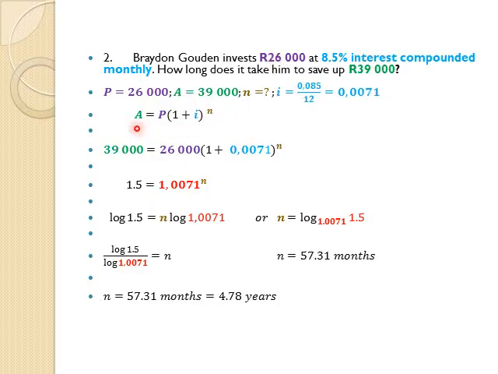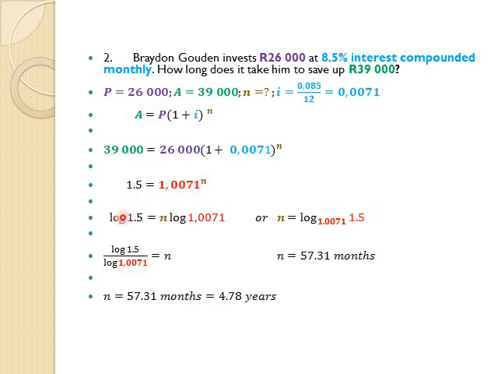It's investing, so again A equal P, 1 plus i to the power n. Substitute in A 39,000, P 26,000, i 0.0071, and n is what I'm looking for. 39 divided by 26 gives me 1.5. 1 plus 0.0071 gives me 1.0071 to the power n.